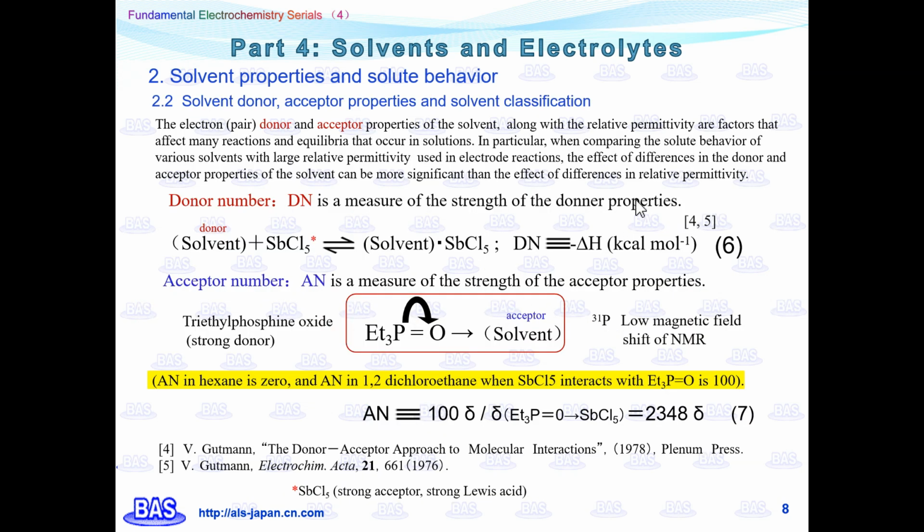The electron donor and acceptor properties of a solvent, along with the relative permittivity, are factors that affect many reactions and the equilibria that occur in solutions.